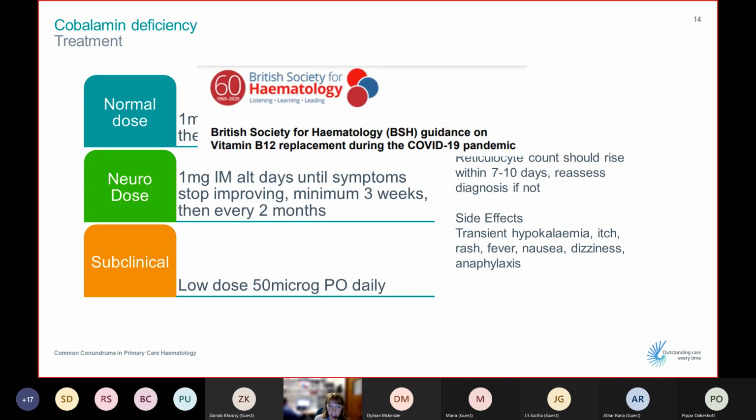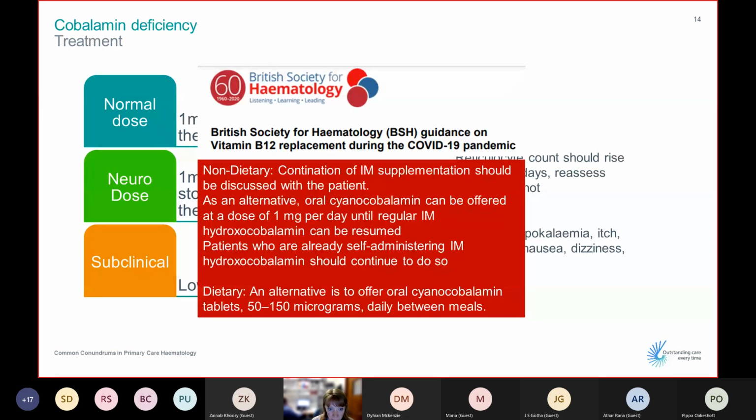However, as 2020 has thrown us a lot of new things, the BSH have also produced some new guidance for us on how to manage B12 replacement during the COVID-19 pandemic. And this is their suggestions. So for non-dietary causes of B12 deficiency, continuation of intramuscular supplementation should be discussed with all patients.